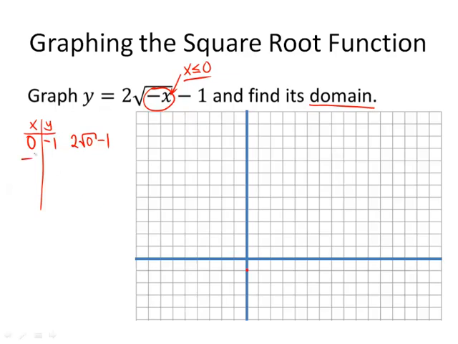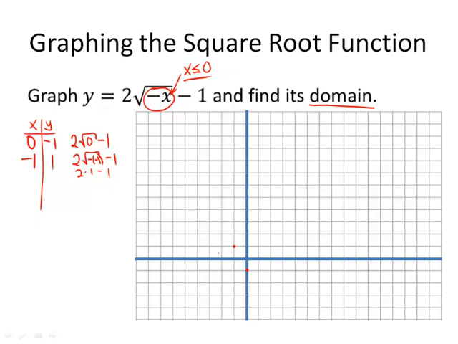So negative 1, let's see what negative 1 does. 2 times root of negative 1, so that's actually a positive one. So 2 times root 1, which is 1, minus 1 is 2 minus 1, which is 1. Negative 1, 1.